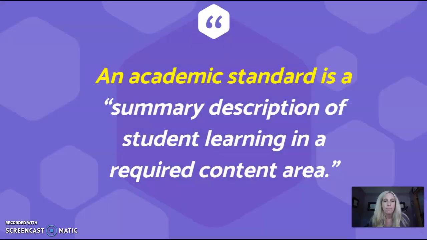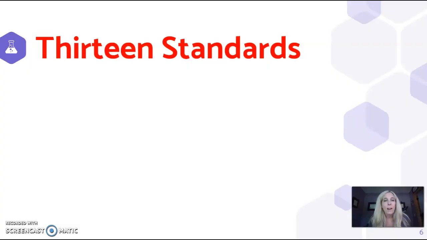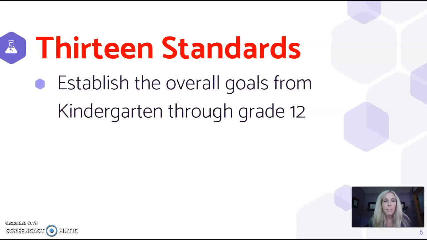content. An academic standard is a summary description of student learning in a required content area. And like I mentioned, we will be focusing on science today. There are a total of 13 standards that establish the overall goals from kindergarten through grade 12.